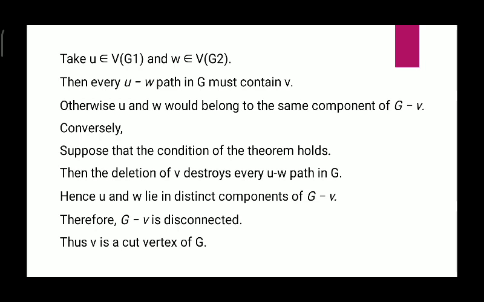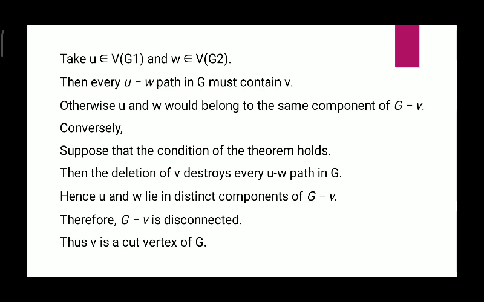That is, U is a vertex of the first graph G1 and W belongs to the vertex set of the other graph G2. Then every UW path in G must contain V. Every UW path in G must contain V as an internal vertex of the UW path. Otherwise, U and W would belong to the same component of G minus V.